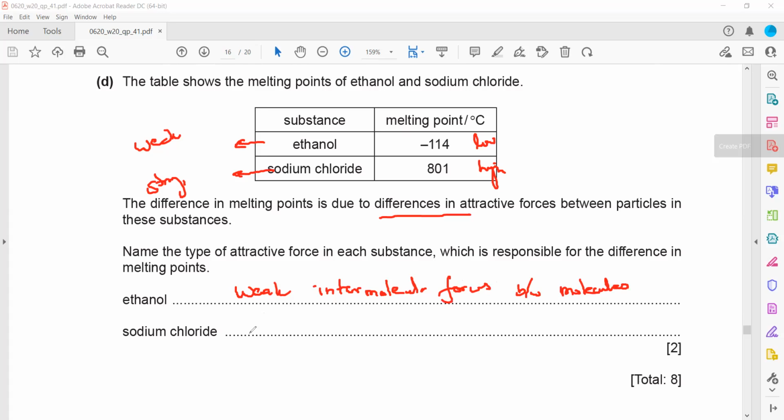And sodium chloride is an ionic compound, so strong electrostatic attraction between the ions. This part is related to bonding and structure. So this was about the organic chemistry question from the October-November 2020 paper.